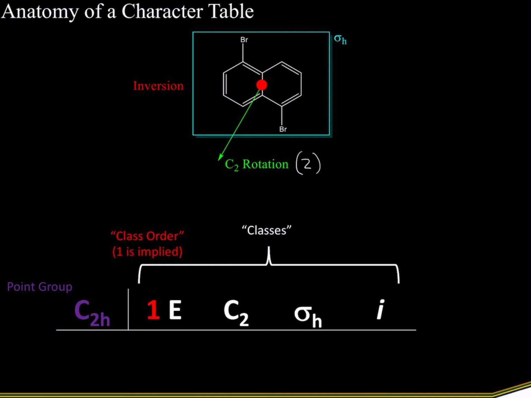This molecule also has an inversion center and a horizontal mirror plane. So hopefully you were able to come up with these three different symmetry operations and then include the identity. The identity is one that's easy to forget, but it is always there. So we always have to make sure that we account for this E symmetry operation, which stands for the identity.